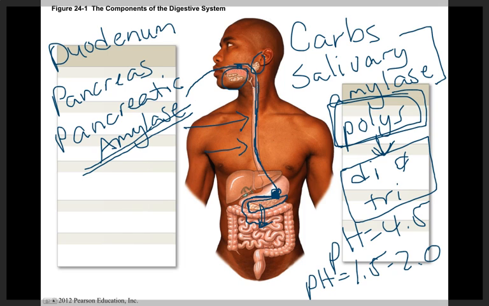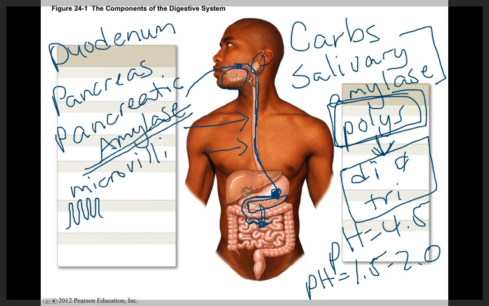Now that we've broken down those polysaccharides into di and trisaccharides, we are looking to see if the di and trisaccharides can get absorbed through the intestine and into the body, and actually they can't. They have to be broken down even further. We know in the small intestine there are these plicae, which are folds, and on top of the plicae there are these villi, and then on top of the villi there are even smaller finger-like projections called microvilli.